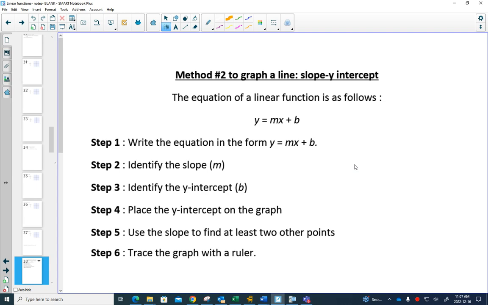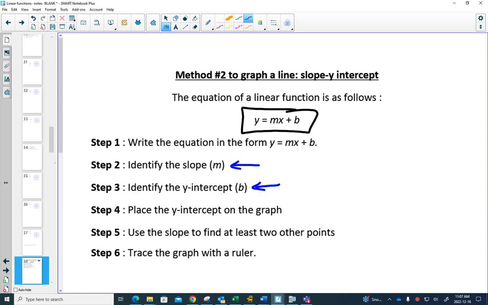And when you have a line in y equals mx plus b form, you have a shortcut available because the b is the y-intercept. The m is the slope. And if you know those two things, you can quickly put a bunch of points on your line much faster than a table of values.